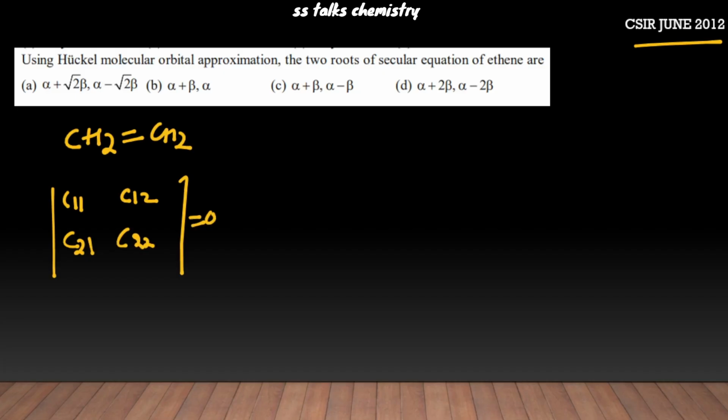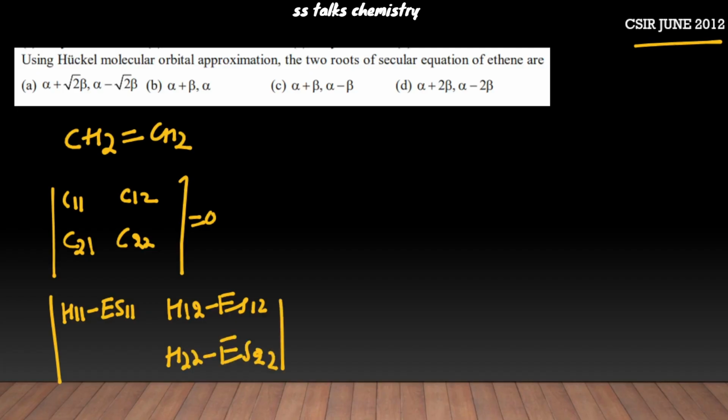This C value is nothing but H11 minus ES11. Here it will be H12 minus ES12. Here it is H22 minus ES22. Here it is H21 minus ES21.